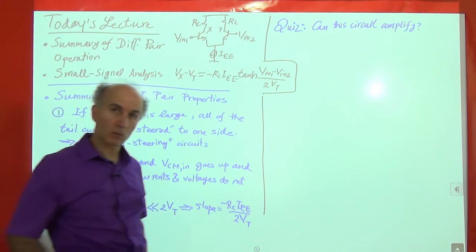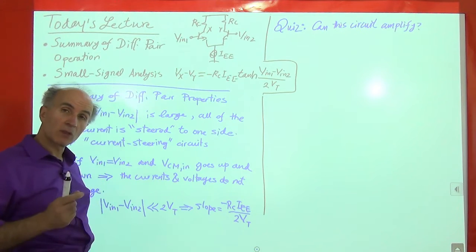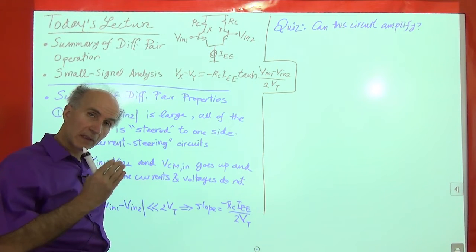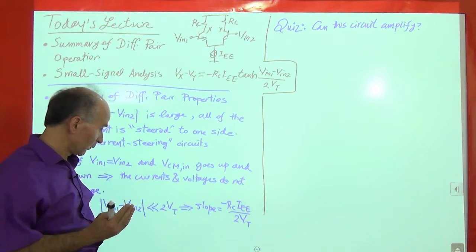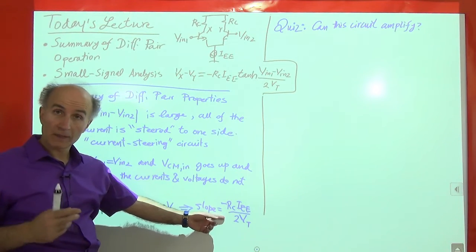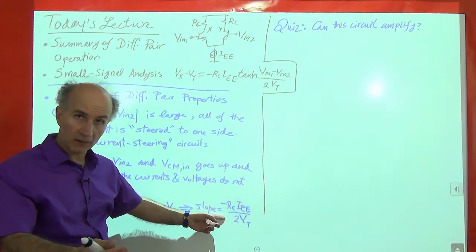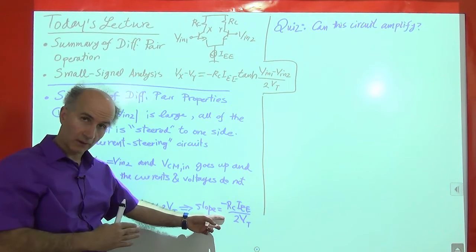Okay, so what do we have here? Given that we know the gain of the circuit is equal to the slope of the input-output characteristic, if the slope is greater than 1, then the gain is greater than 1, which means the output signal is larger in amplitude than the input signal.